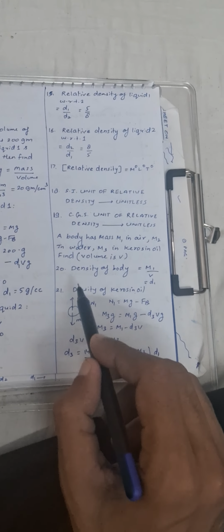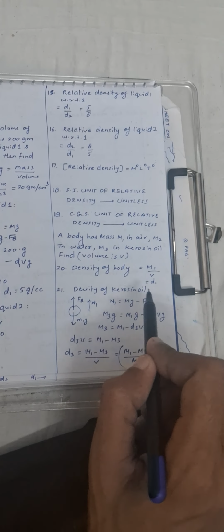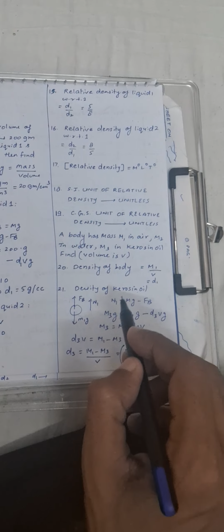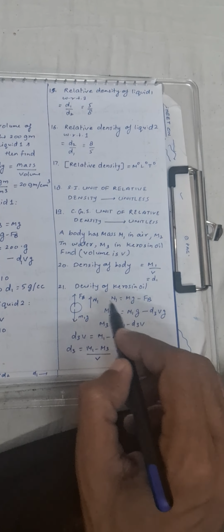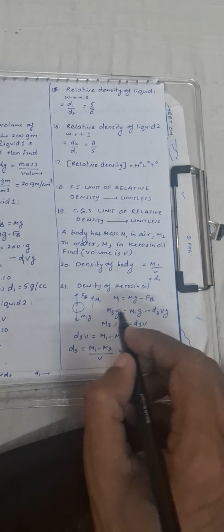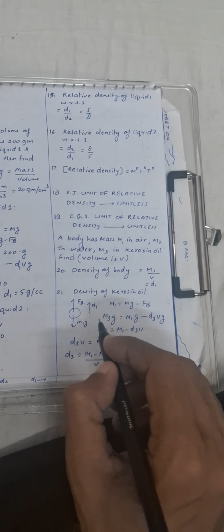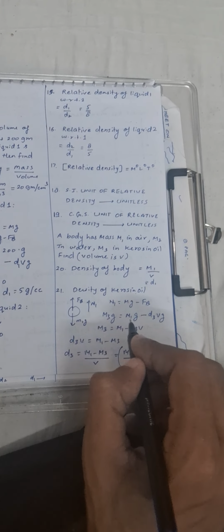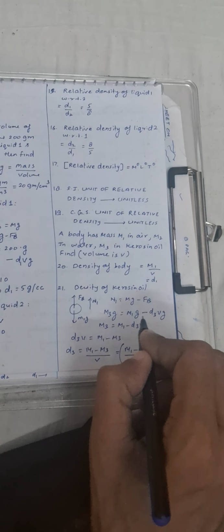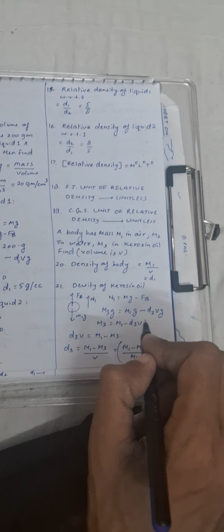Now we need to find density of kerosene oil. So using the concept of apparent weight, we can say that N1 is mg minus F buoyant. So N1 here is m3g, mass is m1 in air, and buoyant force will be d3 into Vg.